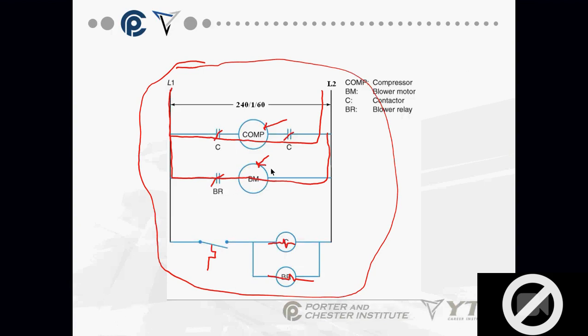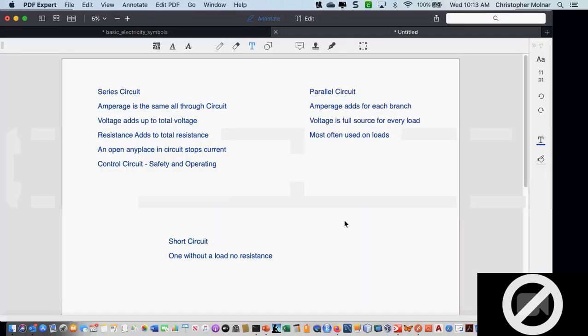Now, if this compressor or this blower motor burns out and creates an open, will the compressor still run? Yes. The correct answer is yes, because there's nothing to stop the flow of electricity here if the blower motor's burnt out.